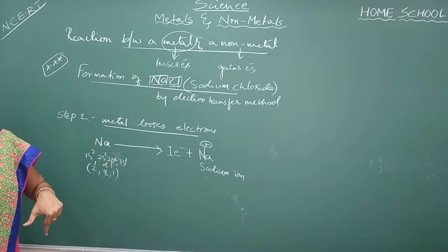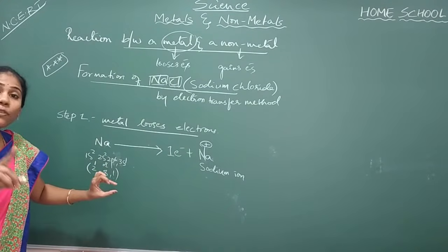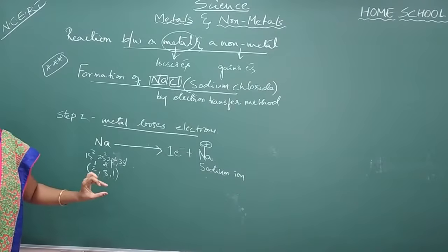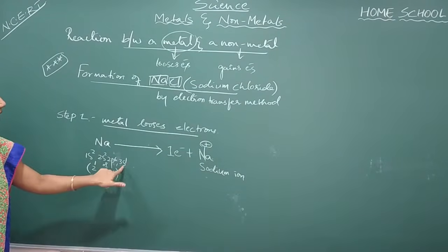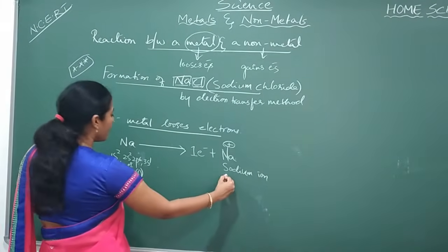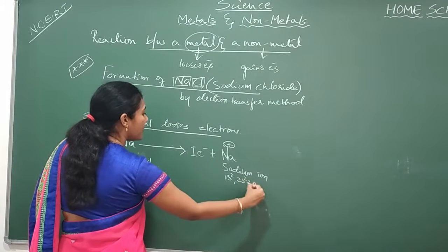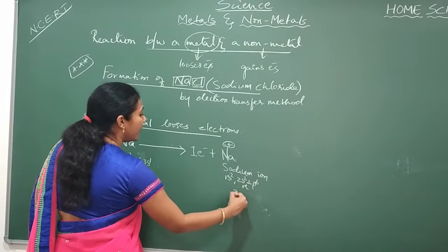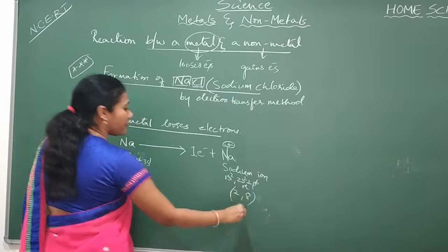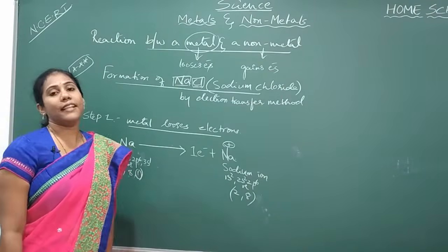Always, metals lose electrons which are present in the last shell. If you remove this electron, tell me what electronic configuration you will get? 1s2, 2s2, 2p6, or you can also write 2, 8. So this is how the element loses an electron.